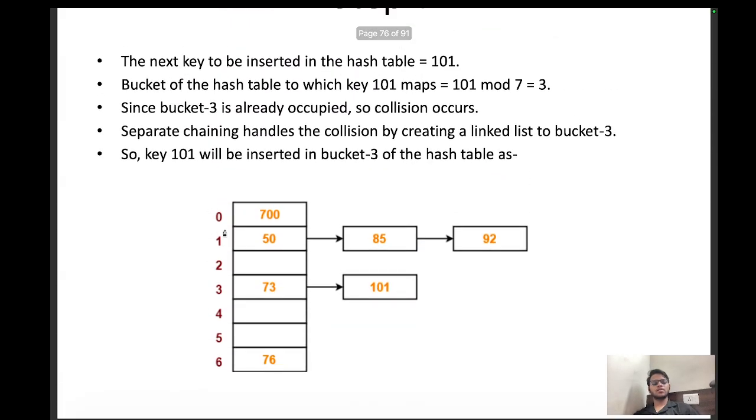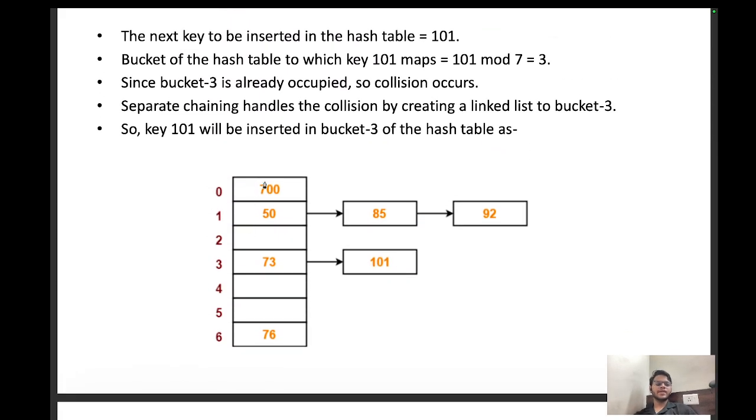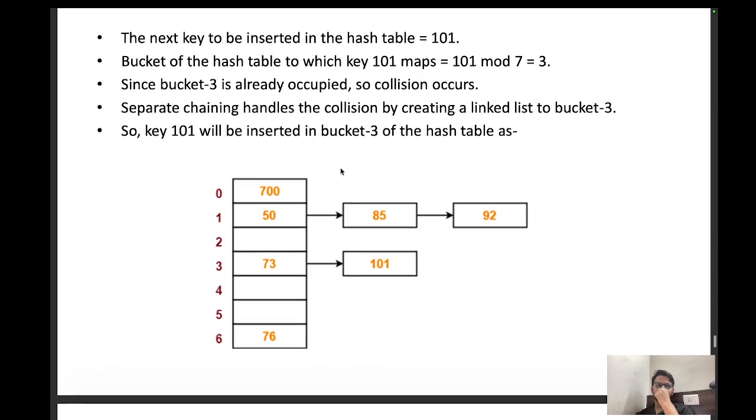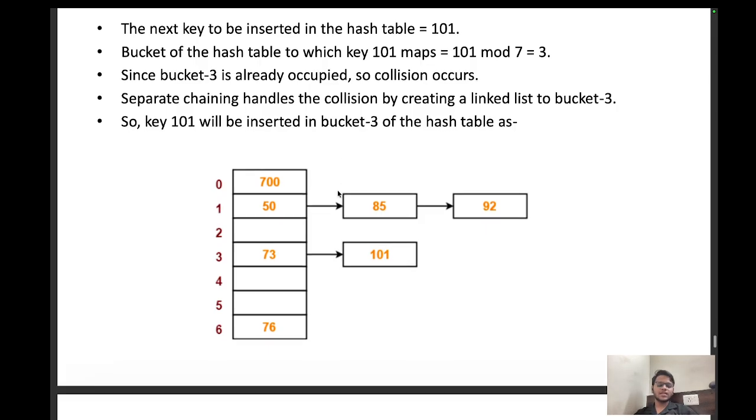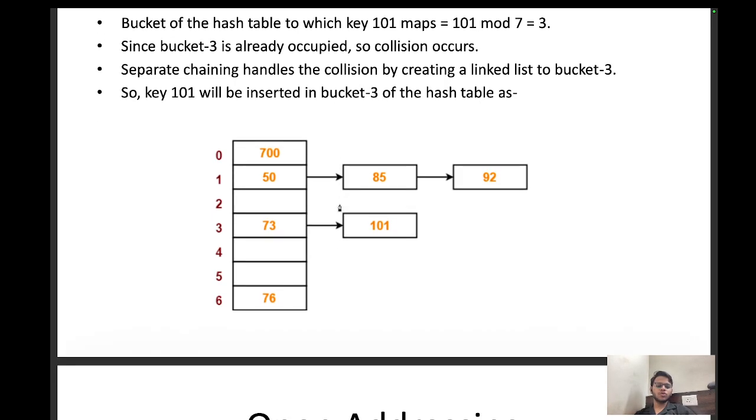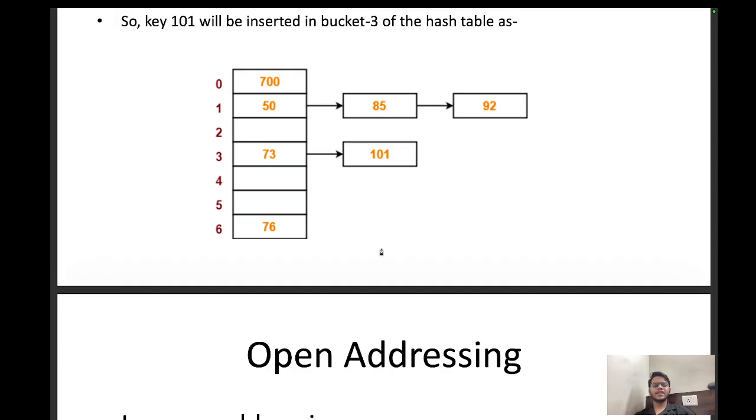In the previous technique, we have seen that we create a linked list and store the elements outside the hash table. If you see here, the hash table is this much only, and we are moving out of it and storing some elements. This is good, but it is not very practical, because we have to create a linked list again and store the elements like that.